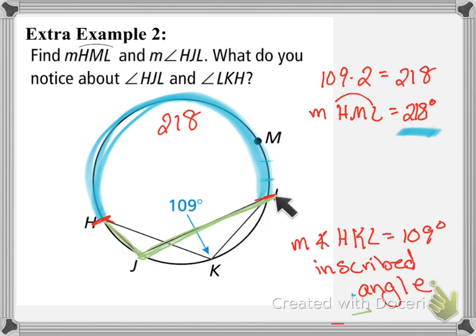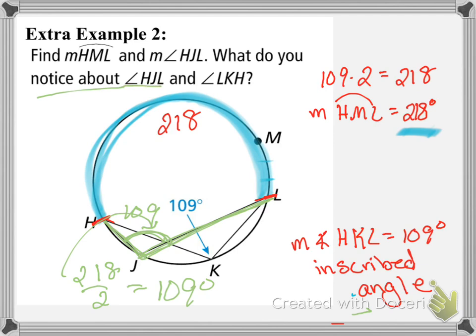So it has to be half of what this arc is. Well, if this arc is 218, that tells me that this green angle in here is going to be half of 218. We just took 109 times 2 to get 218, so 218 divided by 2 would be 109. That tells me this angle is also 109.